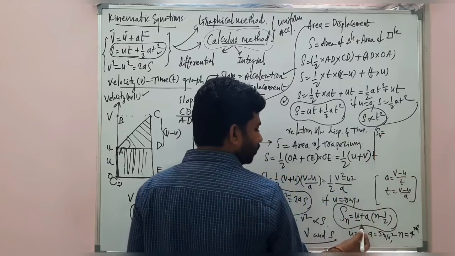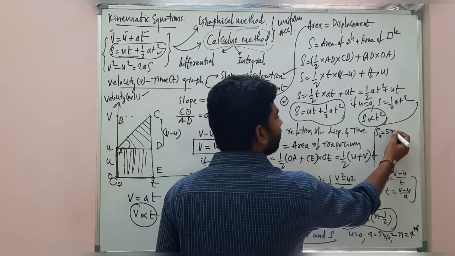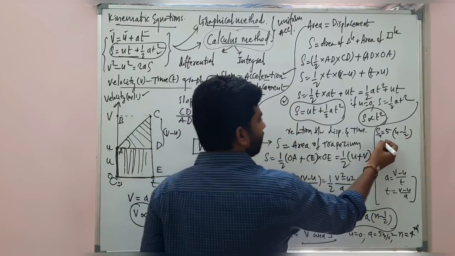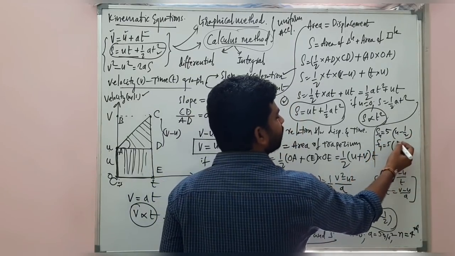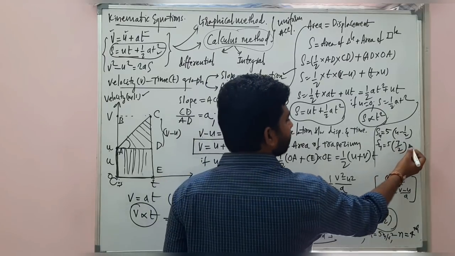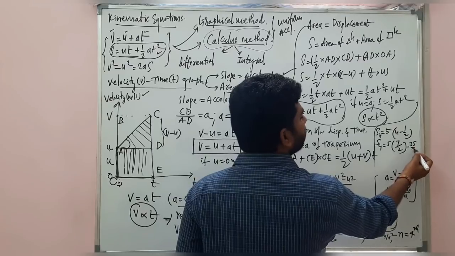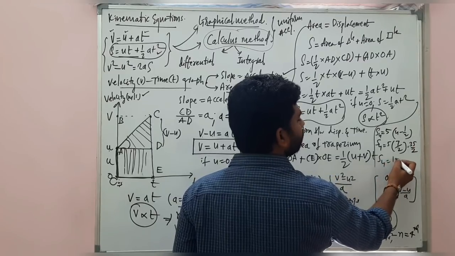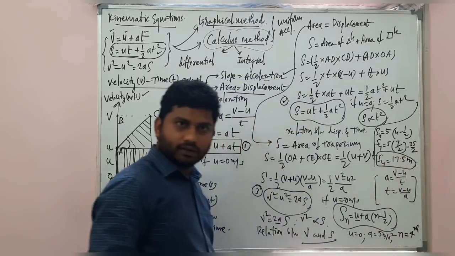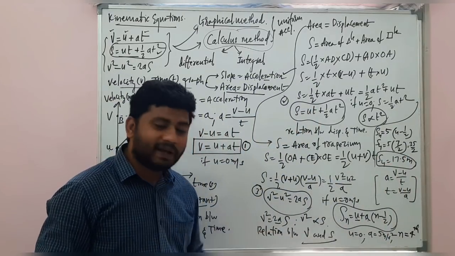S4 is equal to 0 plus A, 5, into 4 minus half. S4 is equal to 5 into 7 by 2. So this is 35 by 2. So S4 is equal to 17.5 meter. Alright? Clear? Questions like these will be asked.